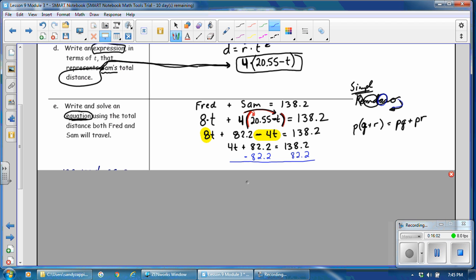Well, this is the subtraction property of equality that says that if you subtract one number, you have to subtract the same number from the other side of the equation so that your equation remains equal. So this equals a zero pair. Bring down your 4t, and then 138.2 minus 82.2 equals 56.